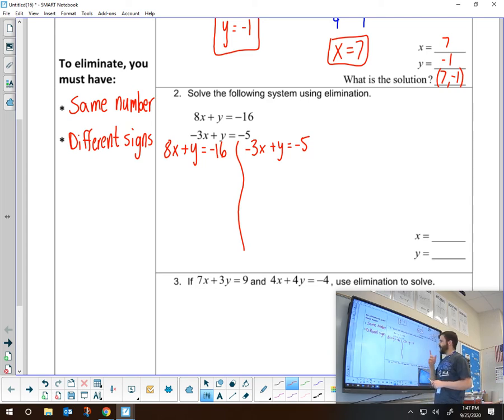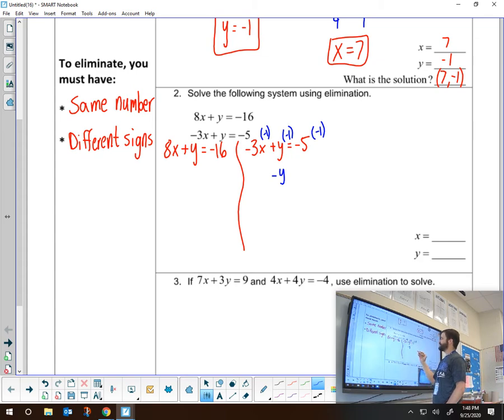So I'm going to convert this positive y into a negative y. We're going to try to convert it. But to get a positive y to a negative y, I'm going to need to multiply that by negative 1. But remember, what you do to one side, you do to the other, you do to everything, okay? And since I multiplied by negative 1, I'm also going to need to multiply this guy by negative 1 and multiply this guy by negative 1.